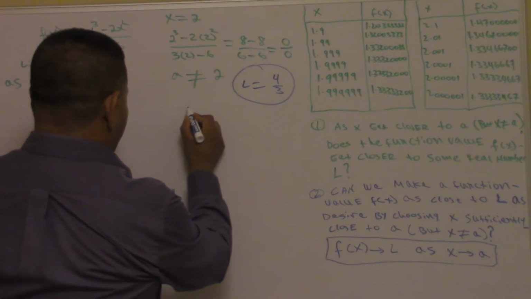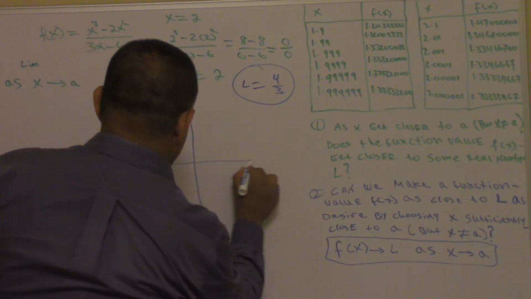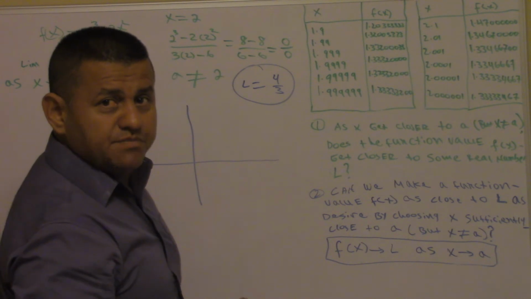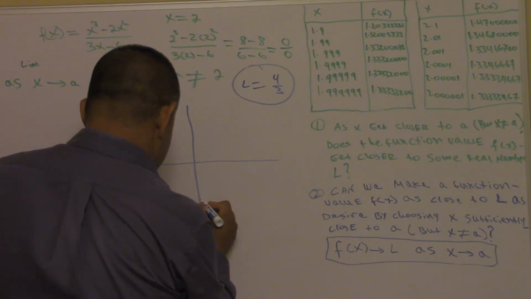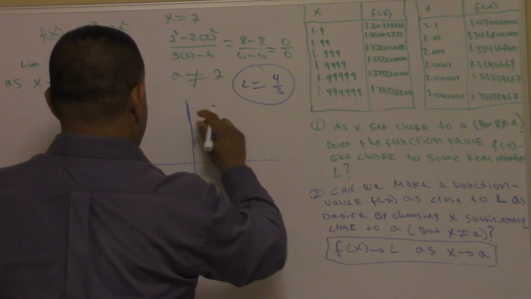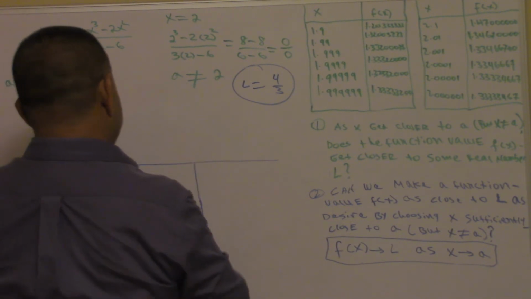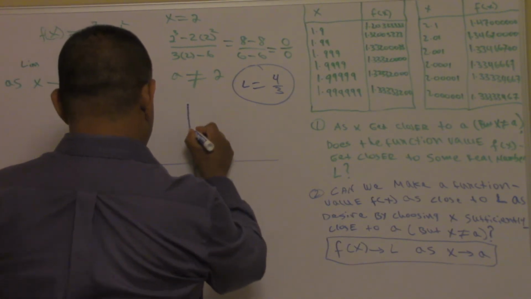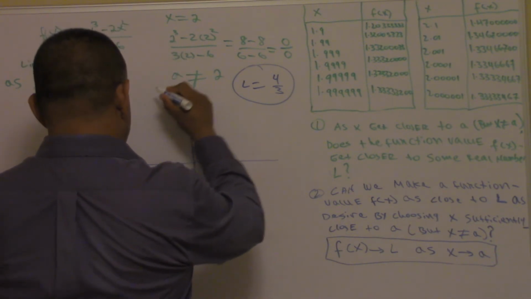We're going to make a little Cartesian plane, which my drawing is not the best, but hopefully you get the idea. Okay, so I'm going to make a little parabola.